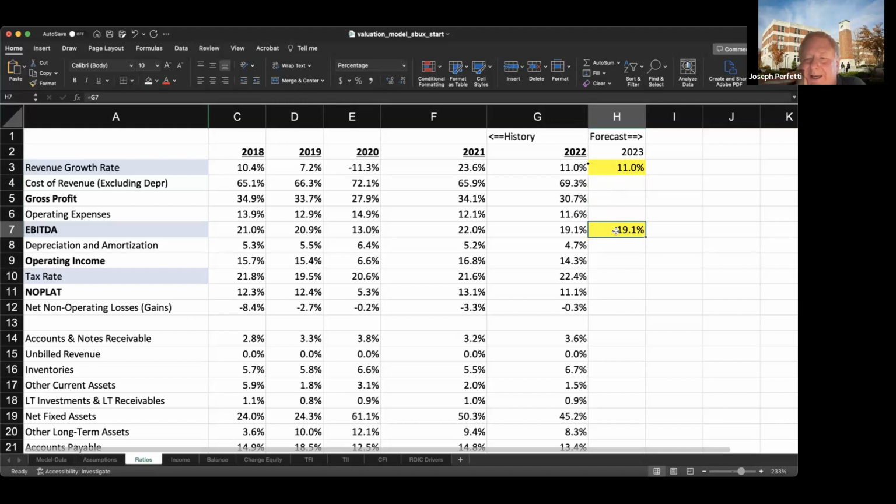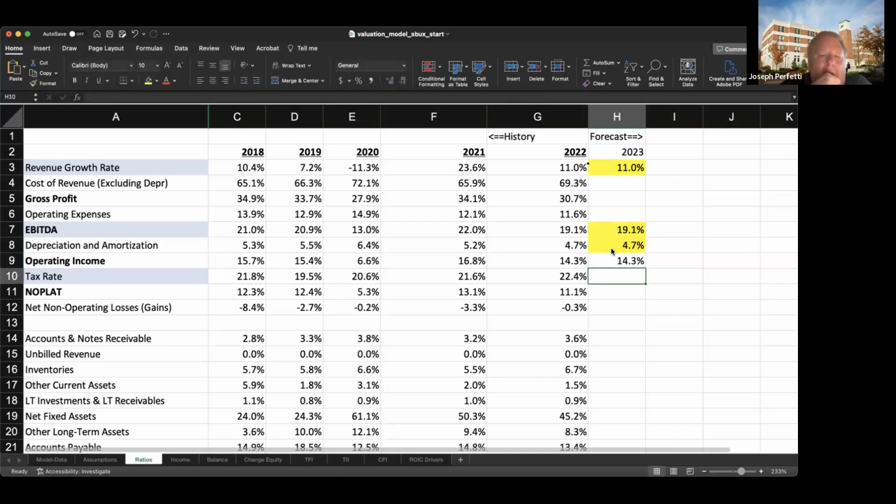So forecast EBITDA equal to the previous year. We're also going to have to forecast a rate of depreciation. And again, as a placeholder, equal to the previous year. We'll make that yellow. But we're going to solve for operating income, also known as EBIT. What is EBIT? It equals EBITDA minus depreciation, H7 minus H8.